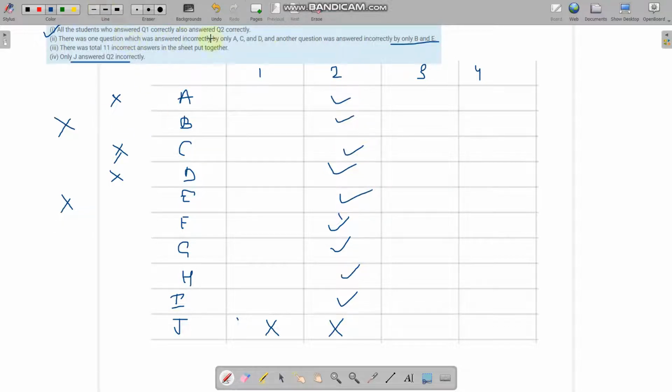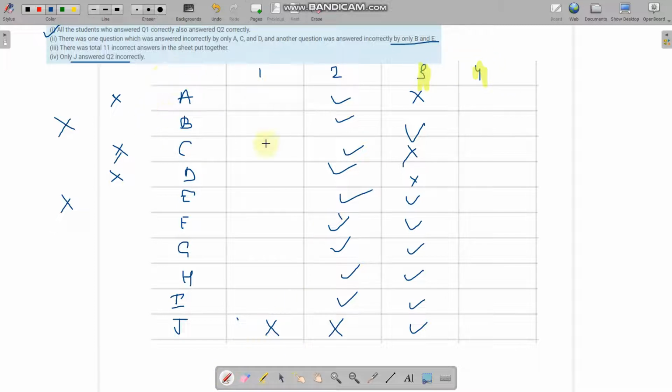Now there was one question answered incorrectly by A, C, D. We'll say we take that as Q3, so A, C, D will be crossed and the rest all will be correct. This can be Q4 as well; I'm highlighting that they can be vice versa.